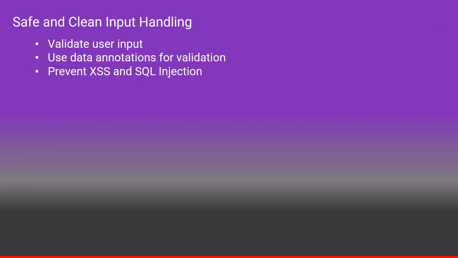Finally, let us discuss safe and clean input handling. It is crucial to validate user input to prevent security vulnerabilities like XSS and SQL injection attacks. You can use data annotations in your models to enforce validation rules, ensuring that the data meets your application's requirements before processing.